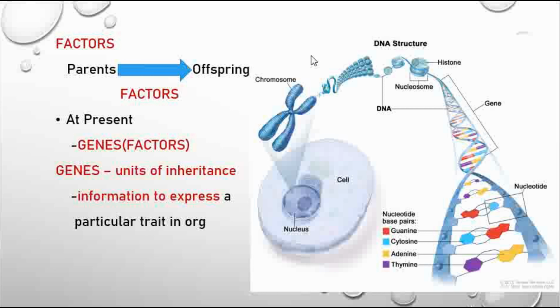So let's see some terms that Mendel used. First is the factors. What he called factors came from the observation he made in his experiment. From this he proposed that something was being stably passed down unchanged from parents to offspring through the gametes over generations.